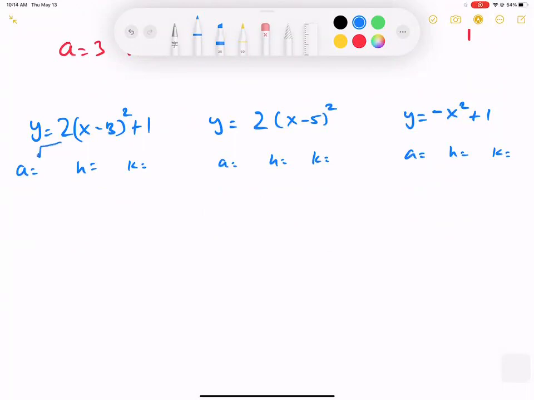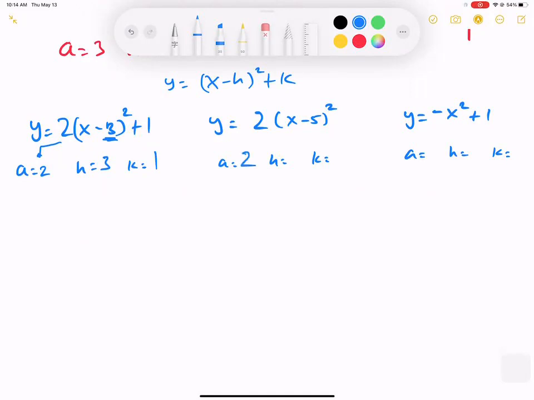A is 2. What is the h? Because remember the pattern is x minus h squared plus k. The h is always going to be the opposite sign, so we have to flip it. So in this case, it's going to be positive 3. Our k is going to be positive 1, because that's a positive, it stays positive. Next one, what's my a value? 2, thank you. And then, do we have an h?